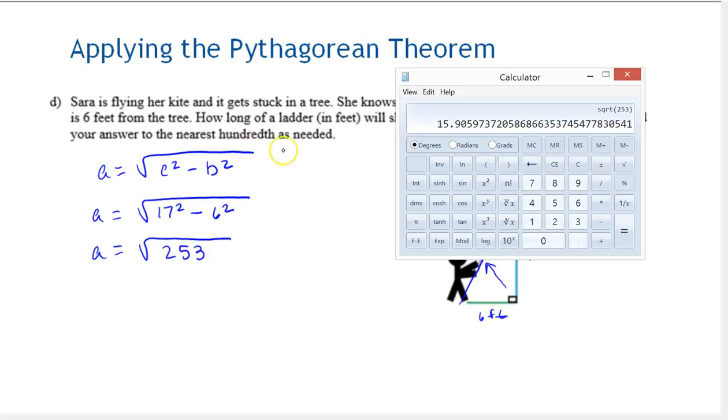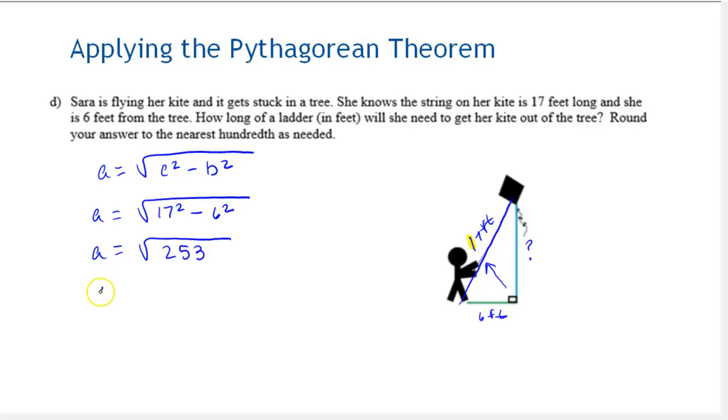It said to round to the nearest hundredth, so I would round up to 15.91, and that's measured in feet. So the height of the tree is 15.91 feet. She may not need a ladder that tall, since she could probably reach up from the highest rung, but we'll just play along and say that she will need a ladder of 15.91 feet to get the kite out of the tree.